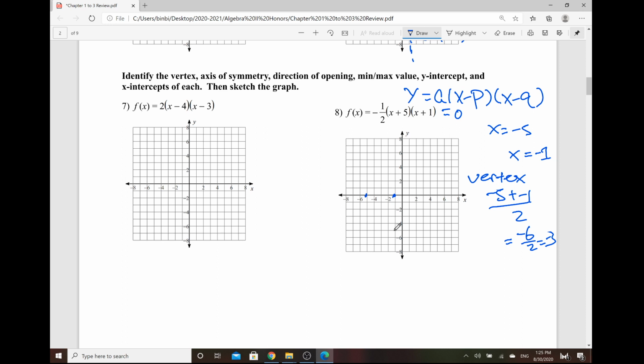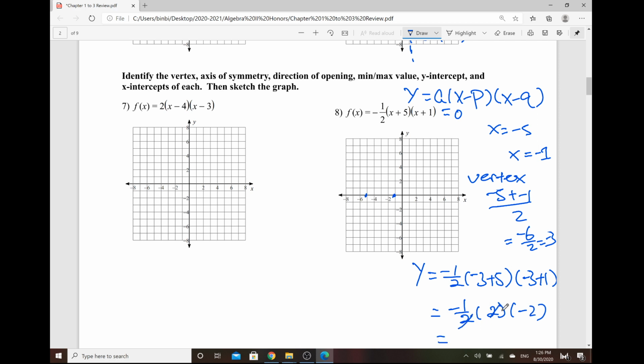But we need to find the y value for the midpoint. Whatever x value you have for the vertex, you want to plug that number back into the original equation to find the y value. So y equals, a is negative 1/2, times negative 3 plus 5, and then negative 3 plus 1. So negative 1/2 times 2 times negative 2.